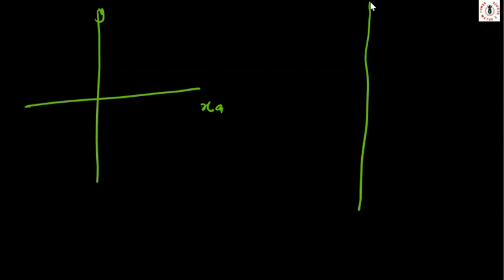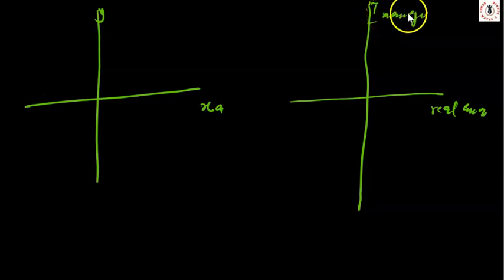I can express my complex number in terms of a complex plane, where I'll have my real axis and also my imaginary axis. On the imaginary axis, we have the complex part, and on the real axis, we have the real part.